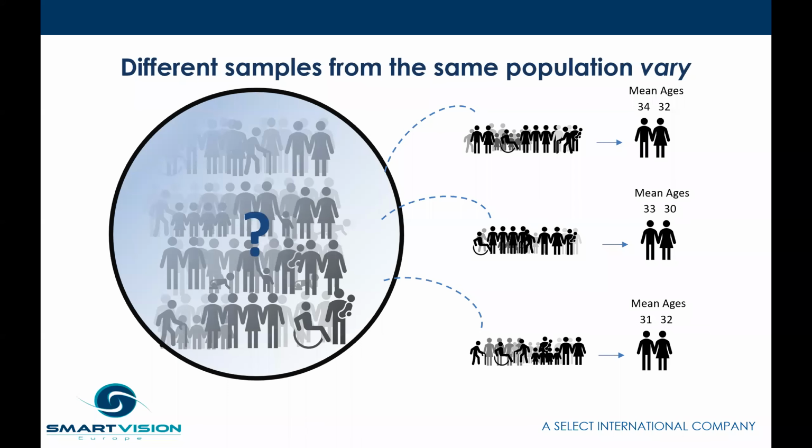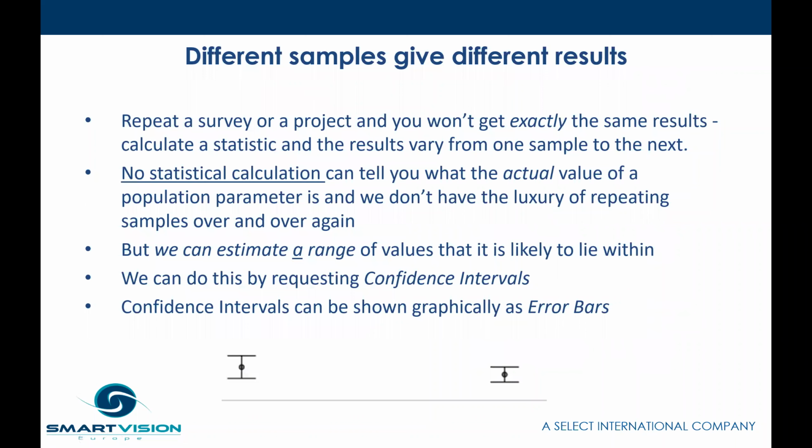Okay. So this returns us back to our very first example, where we're saying, different samples from the same population vary. Here we can see the mean ages are different for men and women. Repeat a survey or project and you won't get exactly the same results. Calculate a statistic and the results vary from one sample to the next. No statistical calculation can tell you what the actual value of a population parameter is.